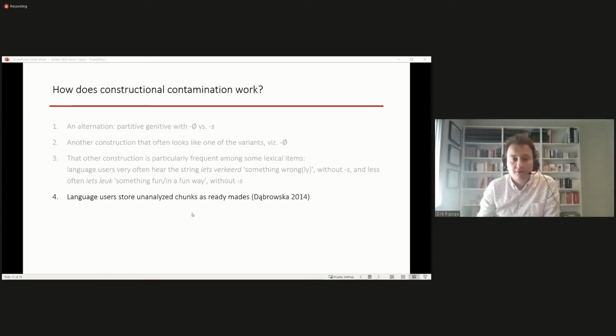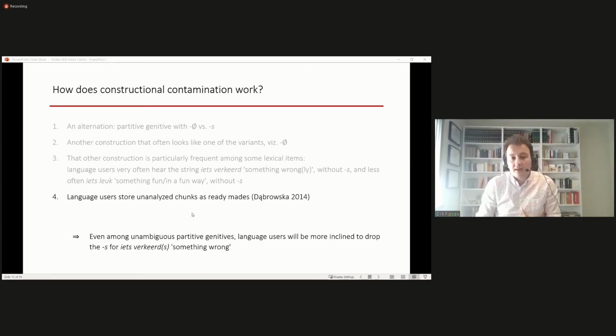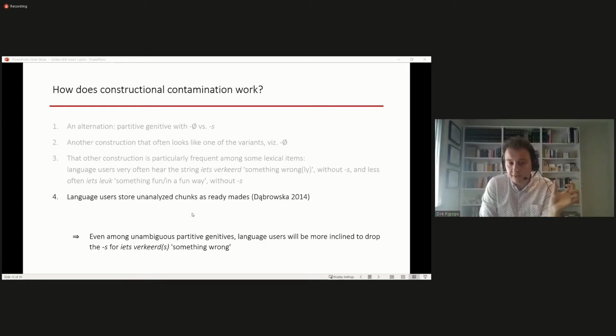And that's crucial, of course, because that leads us to our prediction, namely that when we look at actual partitive genitives, completely unambiguous partitive genitives, language users will be more inclined to drop the S ending for iets verkeerd than for iets leuk. Why? Well, because they've become so accustomed to hearing iets verkeerd without the S ending, based on other constructions that have nothing to do with partitive genitives. Well, they have not become accustomed to hearing that form for other lexical elements, such as iets leuk.